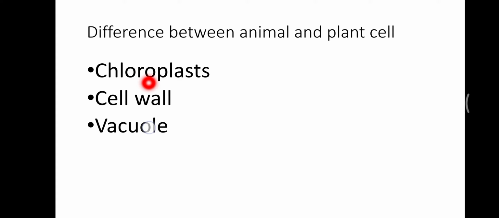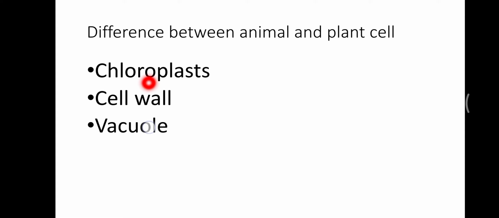Chloroplasts are disc-like structures which contain a green pigment, and that green pigment is known as chlorophyll. The function of chlorophyll is to trap light from the sun so that plants can carry out photosynthesis.